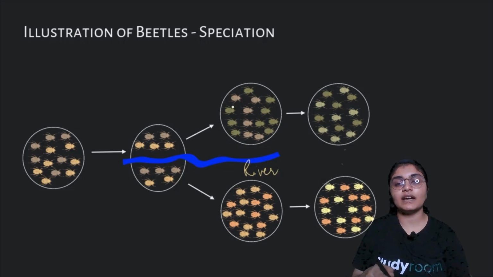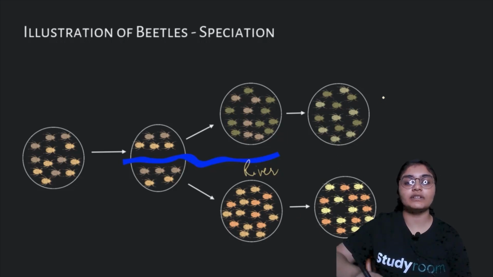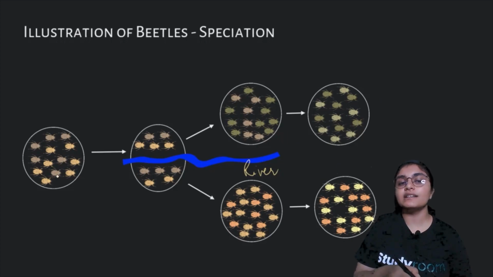Because they are growing independently and their habitats are different, they adapt to their habitats differently. Here you can see that they are adapting to their habitat differently and becoming a different kind of beetle, and here also they are adapting differently and developing into a different kind of population. So we can say that two different species are formed, but they originated from the same species.